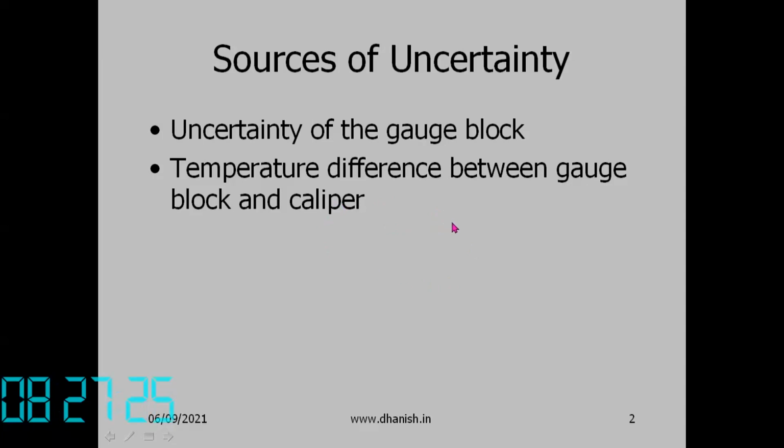Because both gauge block and caliper are generally made of steel. So if both heat up by the same amount, then there will not be any dimension change, difference due to temperature. We'll discuss that when we discuss dimensional measurement in the next chapter. So temperature difference is the source of uncertainty.